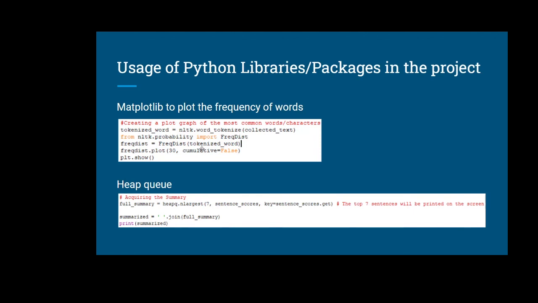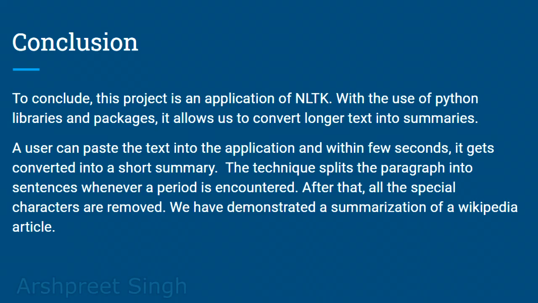Matplotlib is widely used to analyze data statistically. And lastly, for the heap queue, we use the nlargest function in order to get the top 7 sentences that have the highest scores, and then we print it.